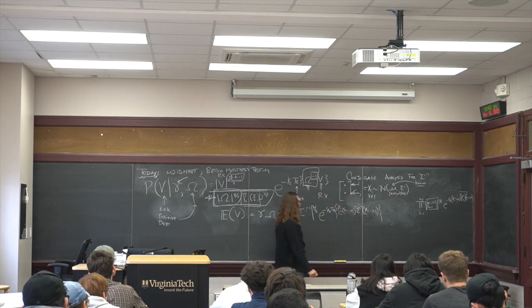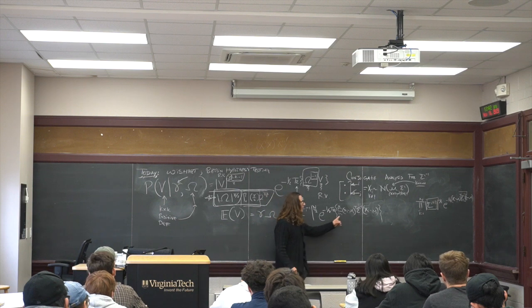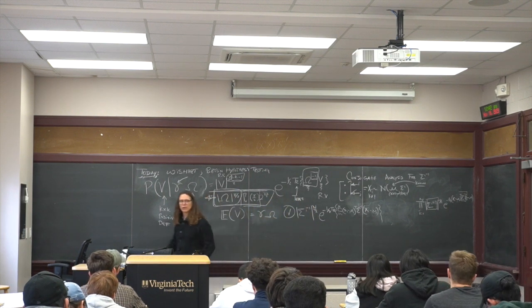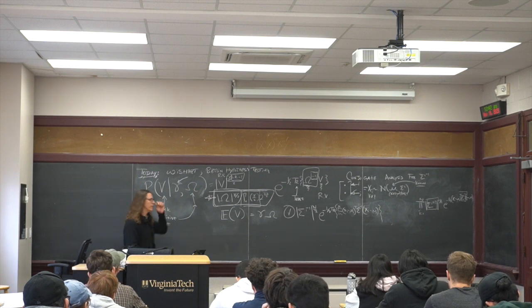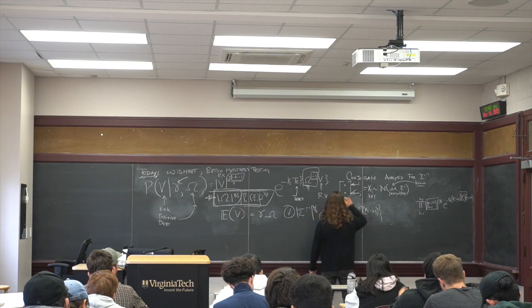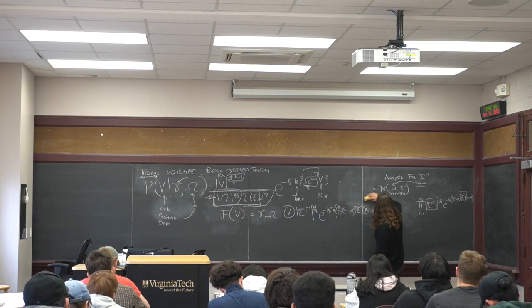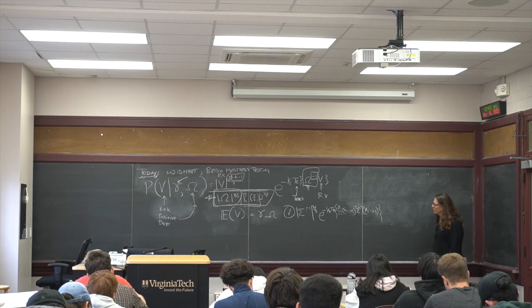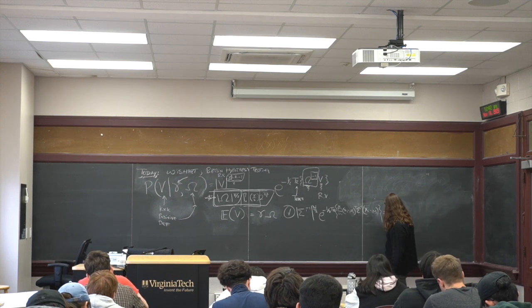And again, the reason I can just drop a trace in there is that this is a 1 by 1. It's just a scalar, so the trace of the scalar is that scalar, so I haven't done anything bizarre. So that's the likelihood function.